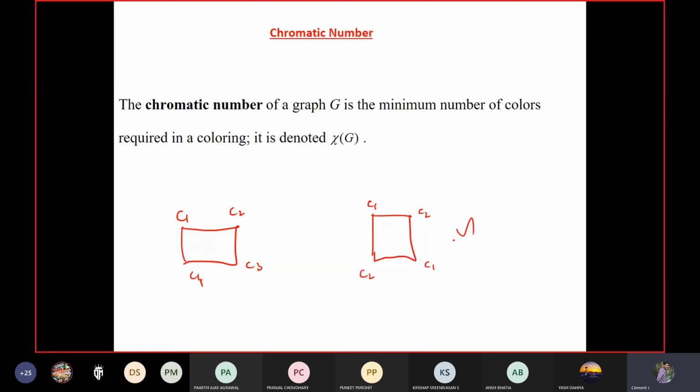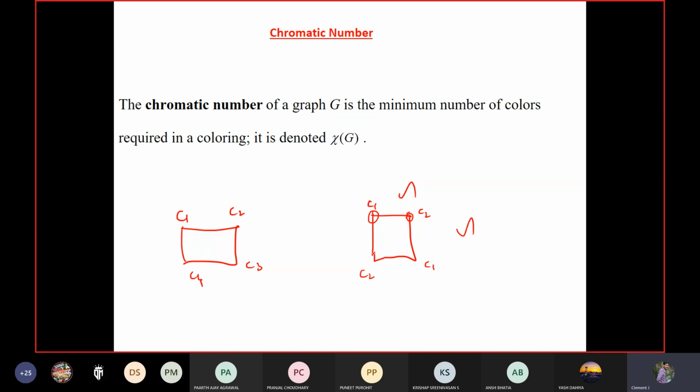This is a proper coloring and that is also a proper coloring, but chromatic coloring means you are reducing the number of colors. It follows the condition that no two adjacent vertices receive the same color. You can check that the adjacent vertices do not receive the same color.